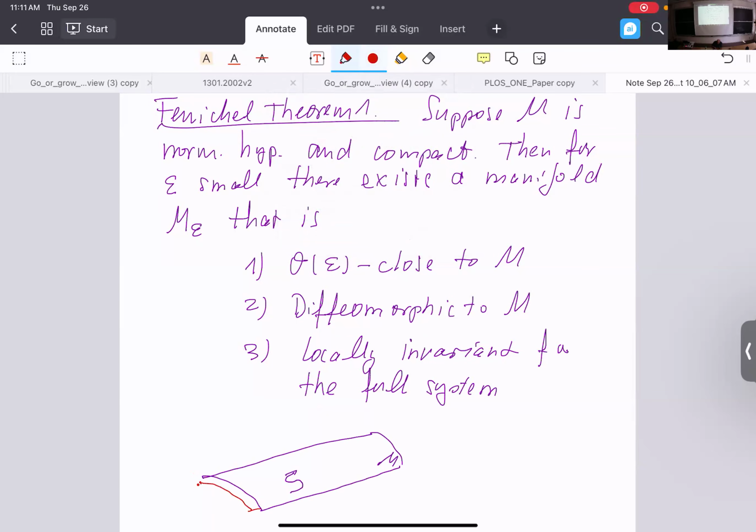So maybe I plot it just underneath a little bit. This would be M epsilon. The corresponding orbit would also be close, but a little bit underneath. So M epsilon is actually the real thing, and the purple M is our approximation. And it says the approximation is actually really good. It is very, very close.